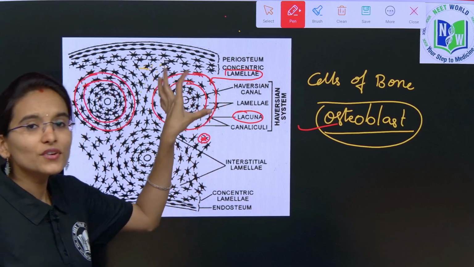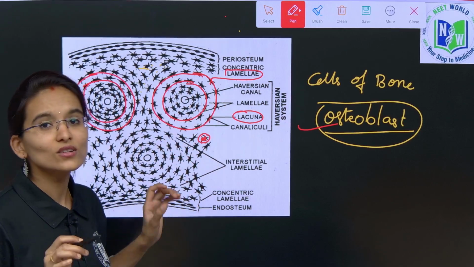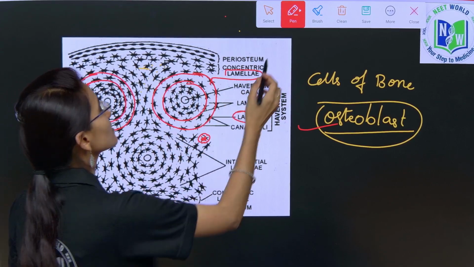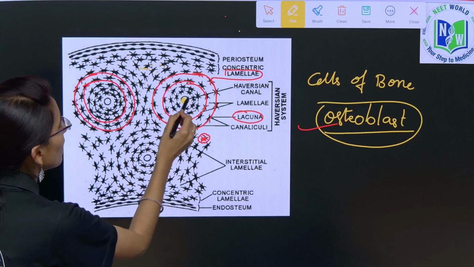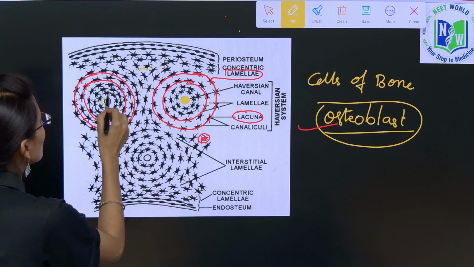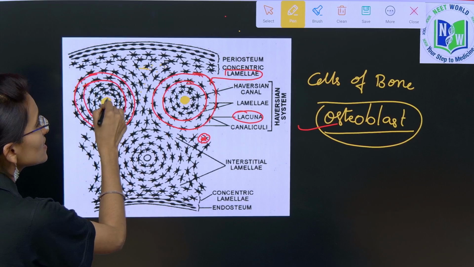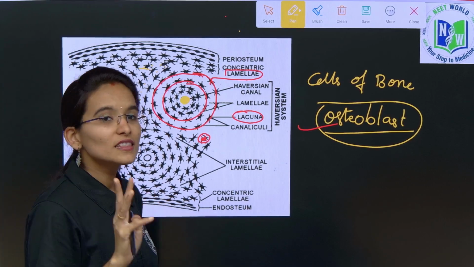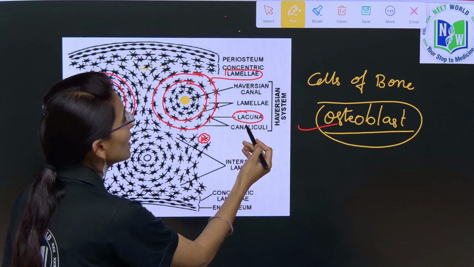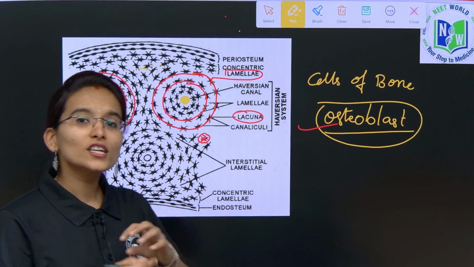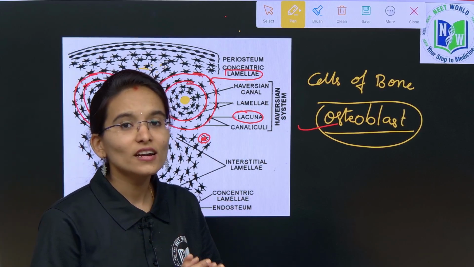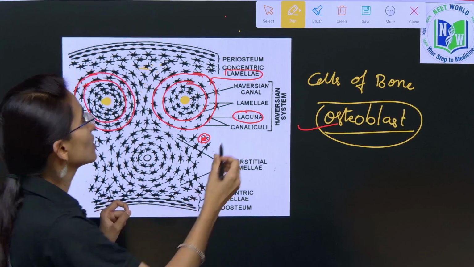Next, in between these we can find some canals called Haversian canals. Clear, children? Here we can see the Haversian canals. The lamellae, lacunae along with the osteoblasts together are called the Haversian system.